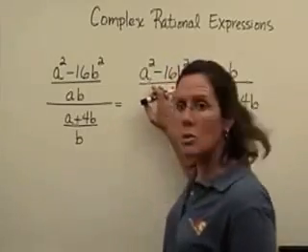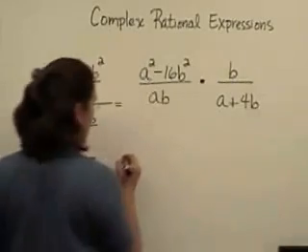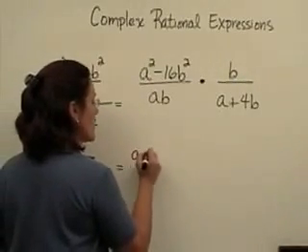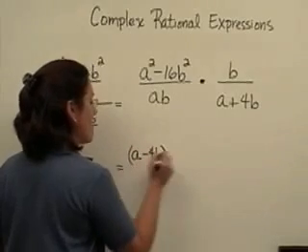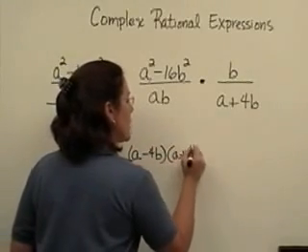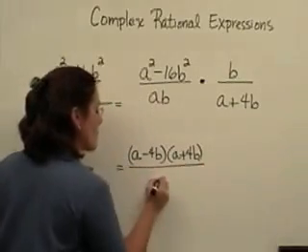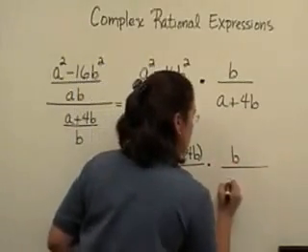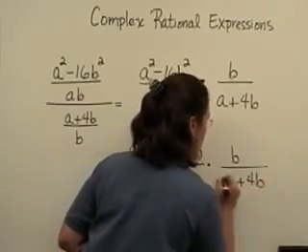So it does happen that this numerator can be factored, and I'm going to go ahead and do that down here in a second step. This is the difference of squares. So I can write this as a minus 4b times a plus 4b over this ab, and then here I have b over a plus 4b.